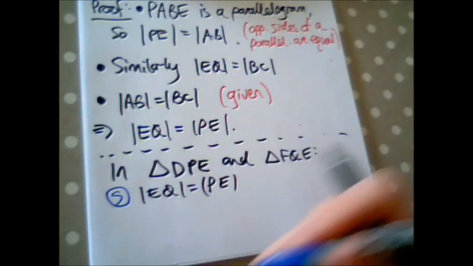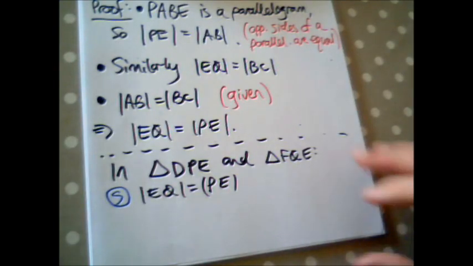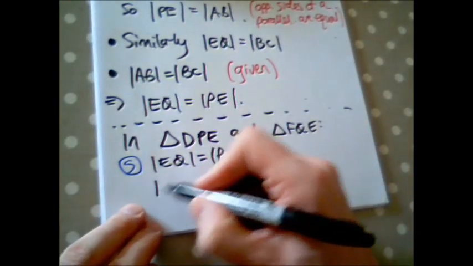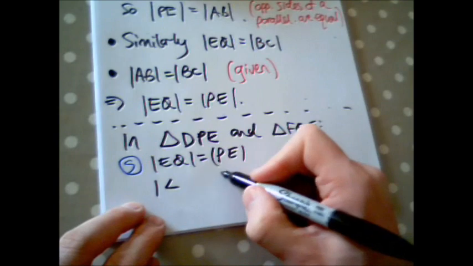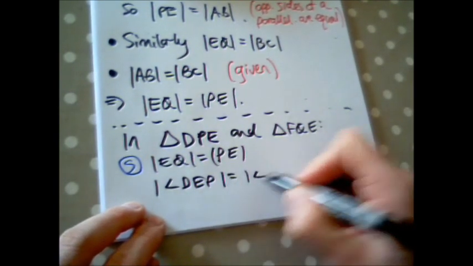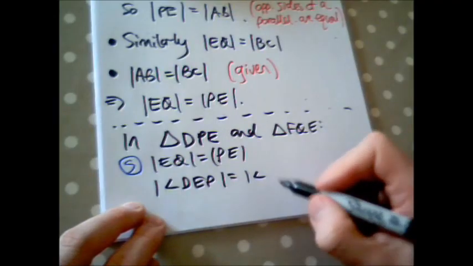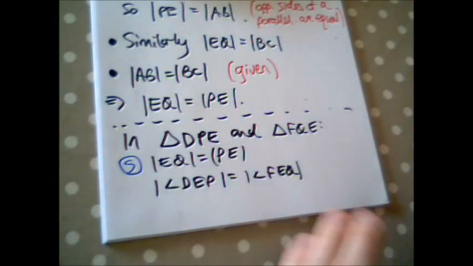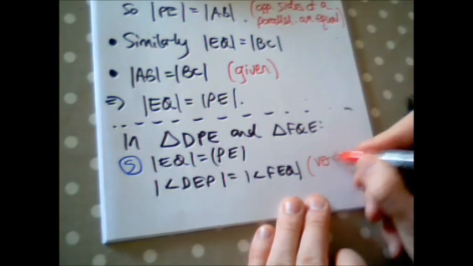So that's the side. The second thing that we have is that the angle DEP is the size of the angle FEQ, and the reason for that is that they are vertically opposite.